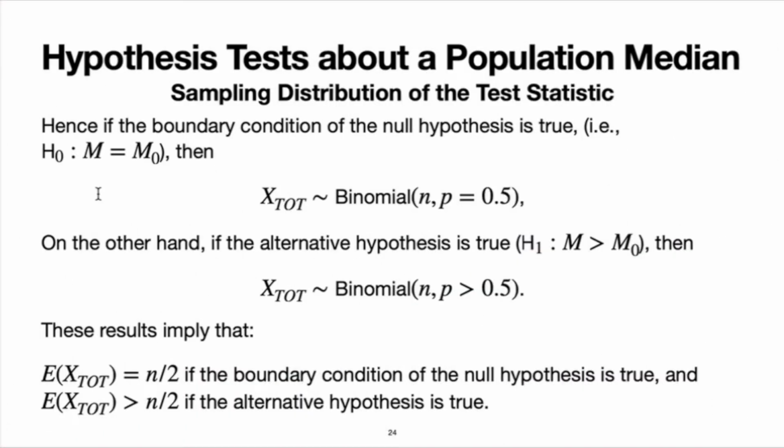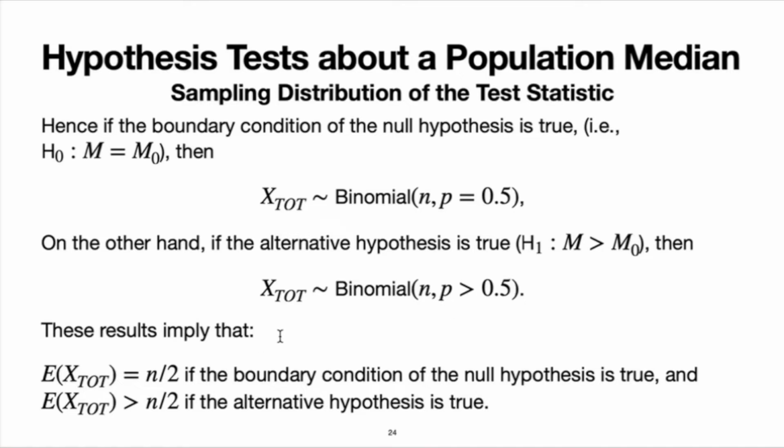So if the boundary condition of the null hypothesis is true, in other words if cap M is equal to cap M sub 0, then x tot has a binomial distribution with n trials and in particular with p equal to 0.5. On the other hand, if the alternative hypothesis is true, so that the population median is greater than cap M sub 0, then x tot still has a binomial distribution, but p is greater than 0.5.